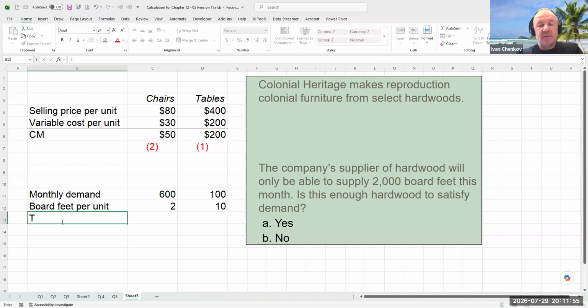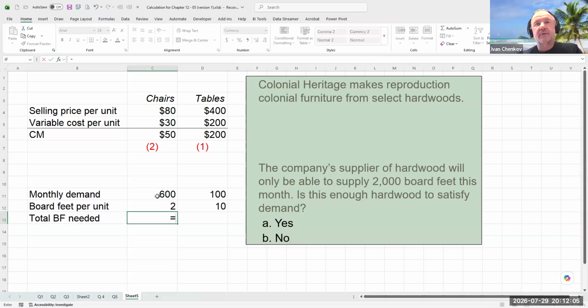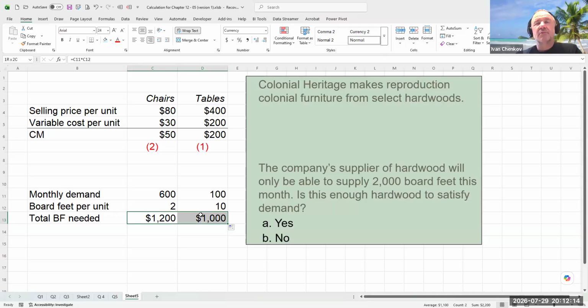Total board feet needed: for the chairs, I need a total of 1,200 board feet, where for the tables, I need 1,000 board feet.